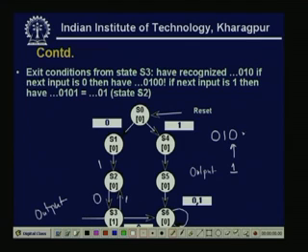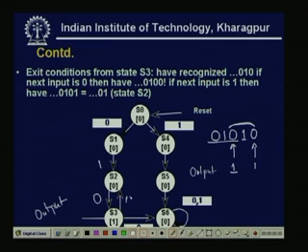Now, if again a 1 has come, then there are chances that the next can be a 0. That means here a 1 0 1 0 string can be identified, so here it can be 1.